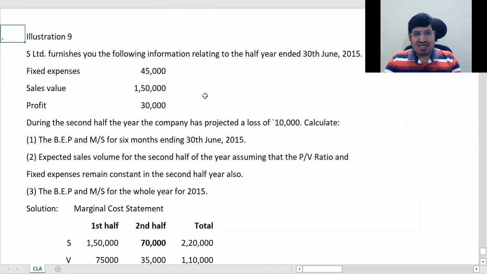The next problem, let's go to the study material there and see. Any doubts in this problem? Does anyone have any doubt? Okay.